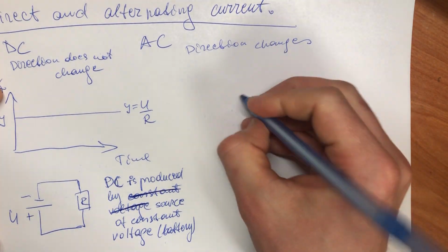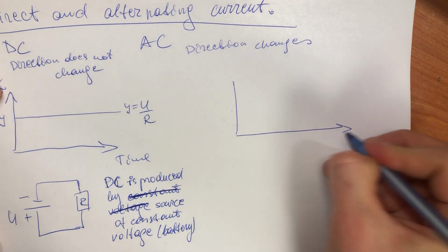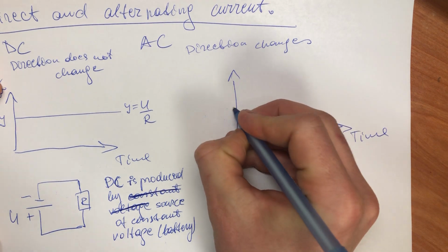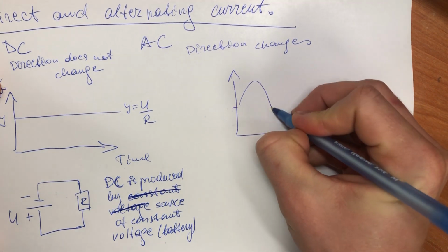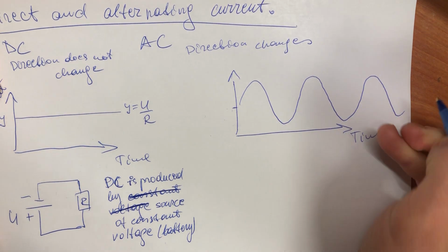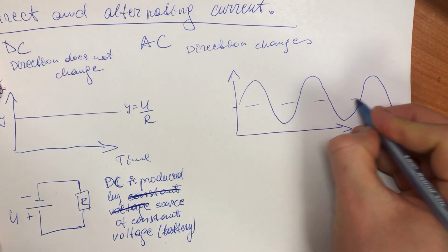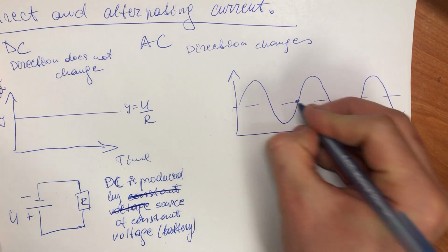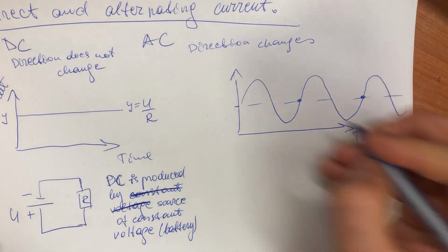Now here, alternating current. In alternating current, direction changes. So in time, if we have 0 here, alternating current is like this. So alternating current is like this. Oscillation.